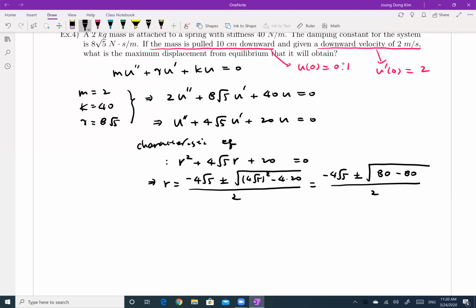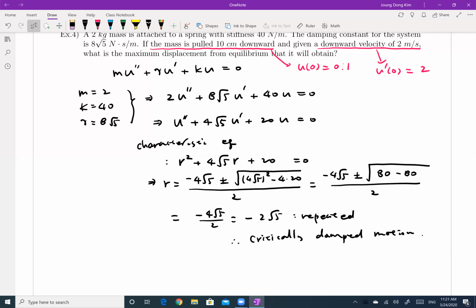Look at that, the square root part is equal to 0. That is equal to negative 4 square root of 5 over 2, which is negative 2 square root of 5, which is repeated. What does that mean? This is critically damped motion.